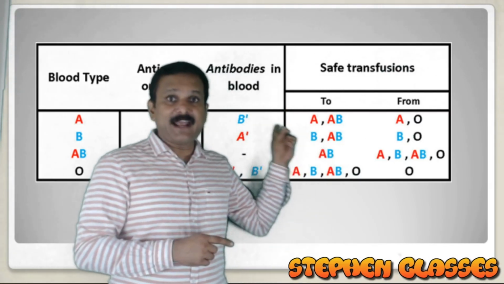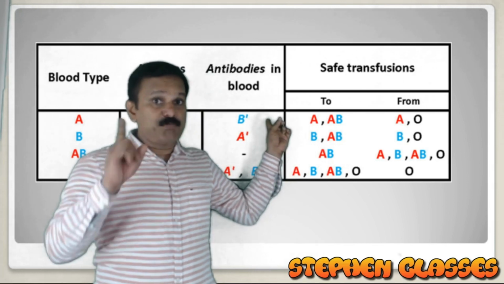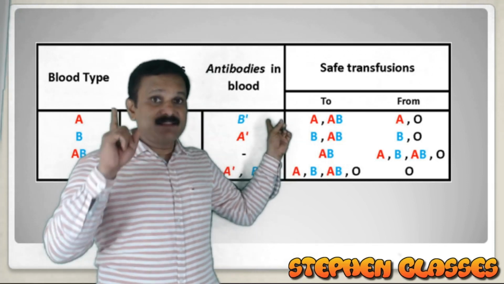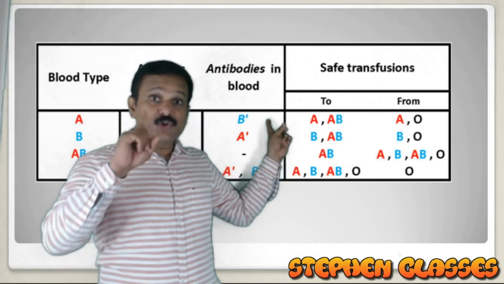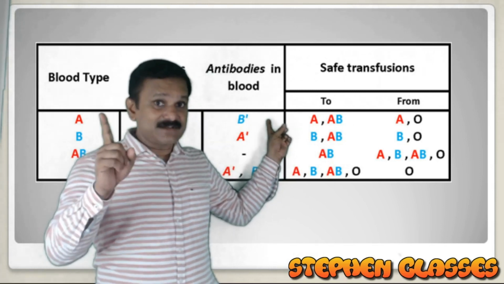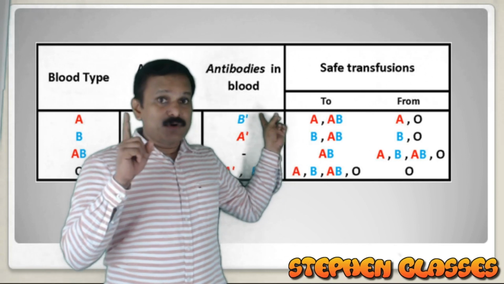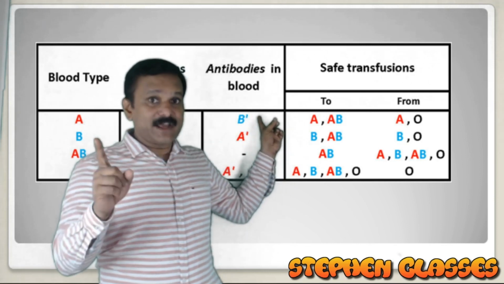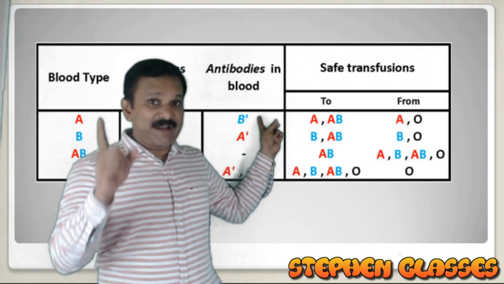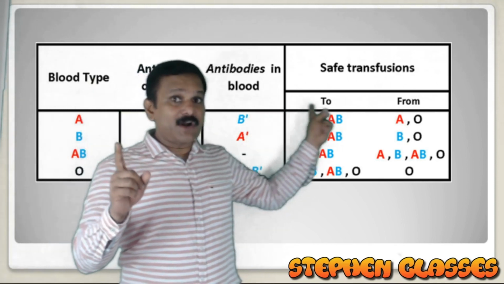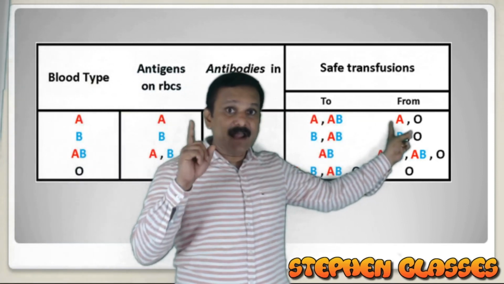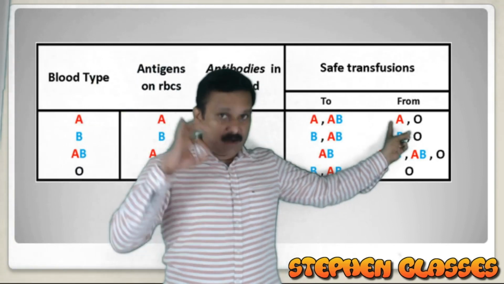So B antigen should not be there in the donor group. So A group, when it is a recipient, cannot receive blood from B group and AB group. Only it can receive blood from A group and O group. You got it? Like that.